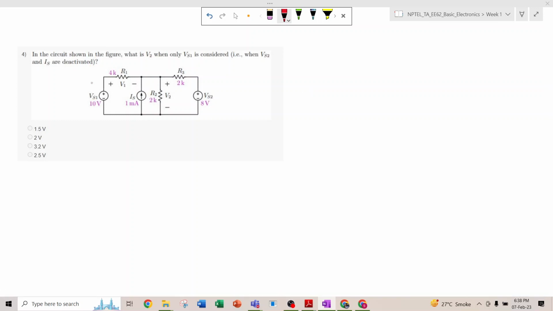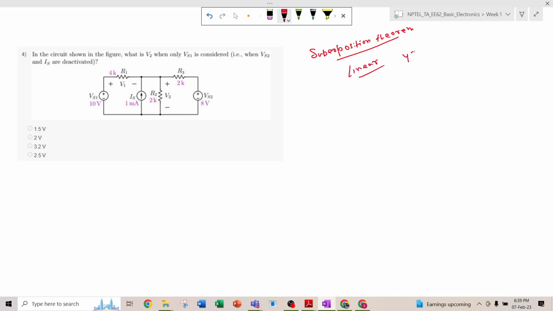In the circuit shown in the figure, what is V2 when only Vs1 is considered? So basically this is the superposition theorem. The superposition theorem is always applicable to linear circuits.